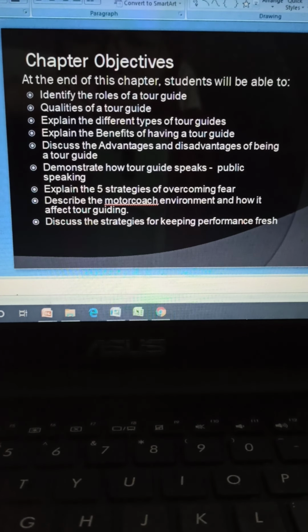We're going to be looking at what a tour guide is, the roles of a tour guide, and the qualities that a tour guide should have. We'll explain the different types of tour guides, the benefits of having a tour guide for a tour, and the advantages and disadvantages of being a tour guide.